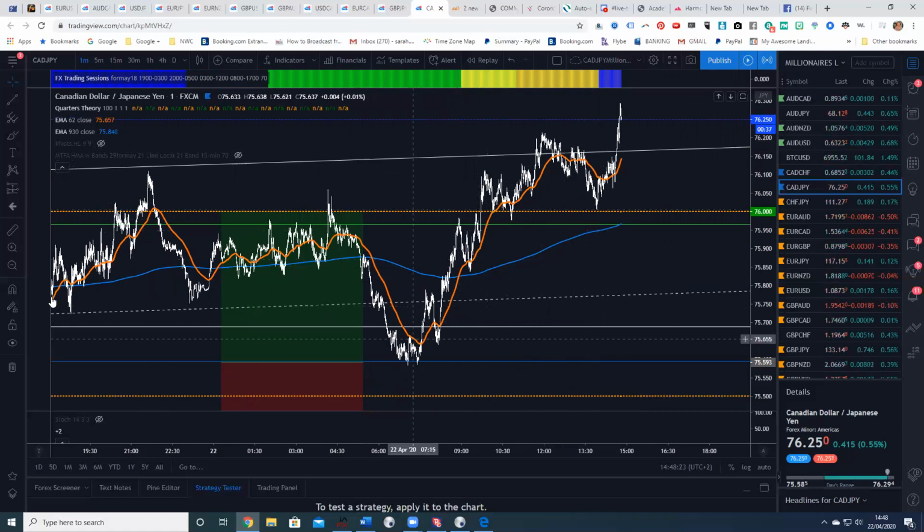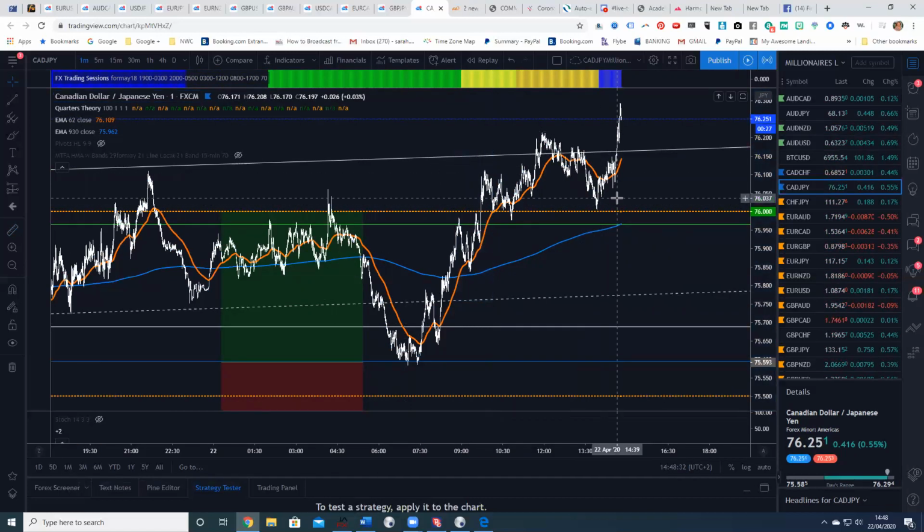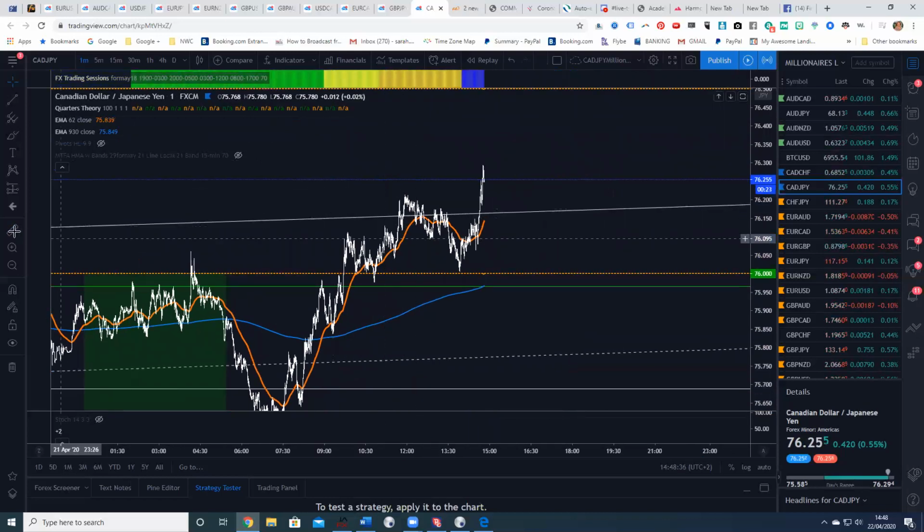If you've got in somewhere like there on that pitchfork there, up to there, you're already up 45 pips. So if you're more of a swing trader, then you'd be sitting in, if you hadn't got out of it here where it's crossed below the 62, I would have been out of it by then.